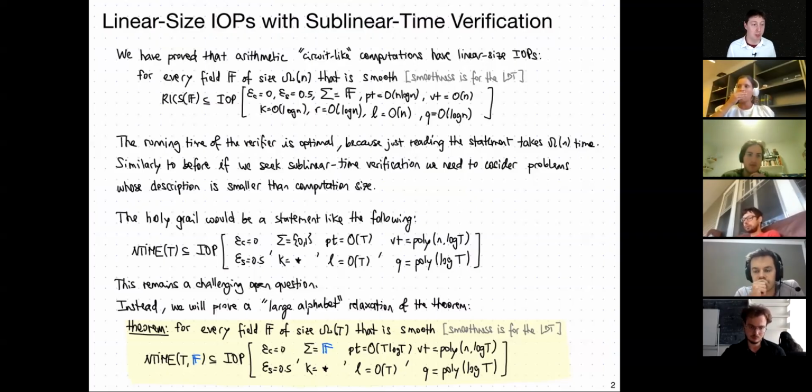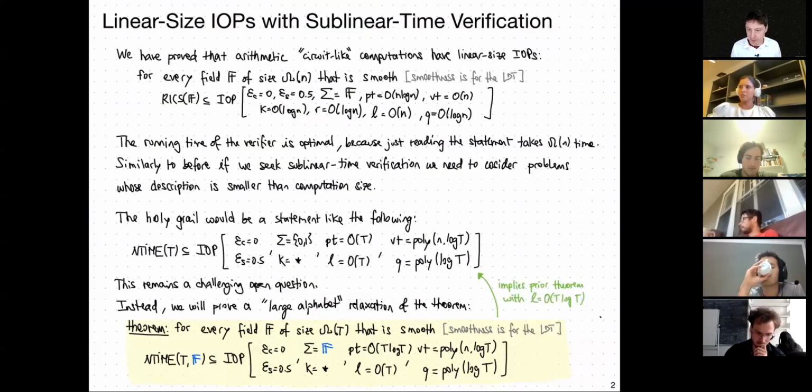You want the smart contract to verify a short proof in a short amount of time. So this paradigm of machine computations with sublinear verification is very useful in practice. And in fact, the IOPs that are used in practice are not very different from the ones that we'll see today. They're much more optimized, but they're morally the same thing.